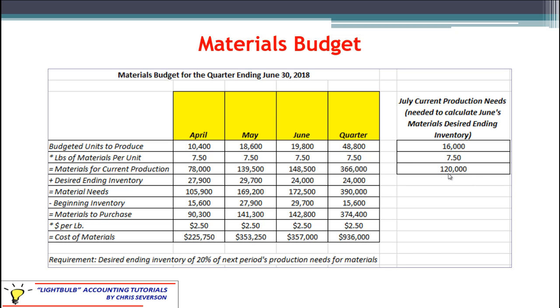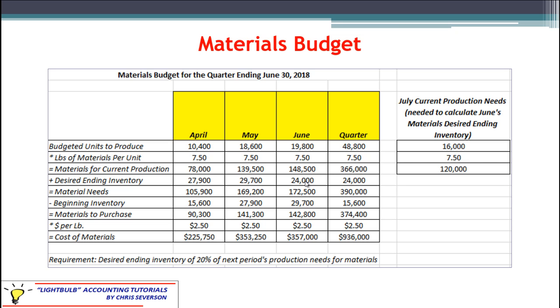And when I say desired ending inventory, I'm sorry, that was actually July's current production needs. You need that number to multiply it by 20% to get June's desired ending inventory of 24,000 pounds. So that's where you need that number.